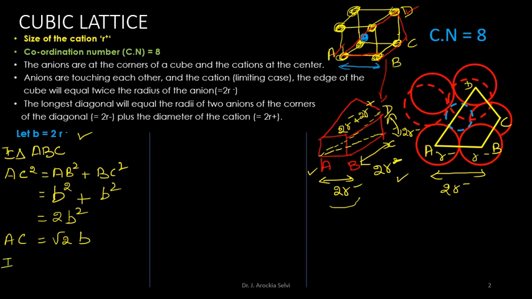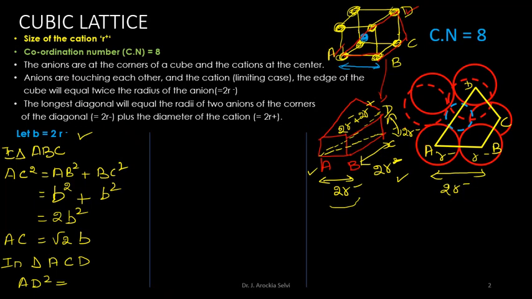The next is triangle ACD. So you take that part. In triangle ACD, according to Pythagoras, AD square is equal to AC square plus CD square.